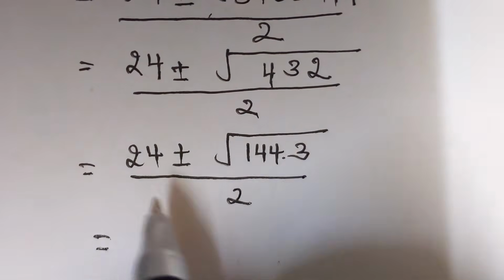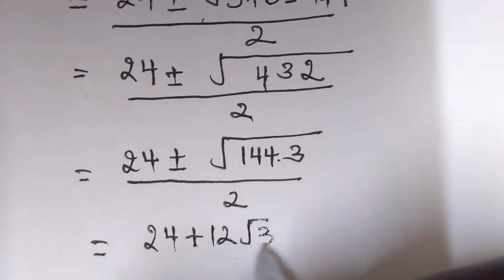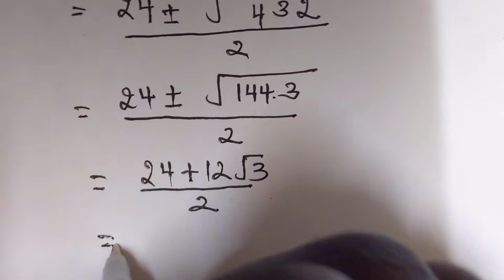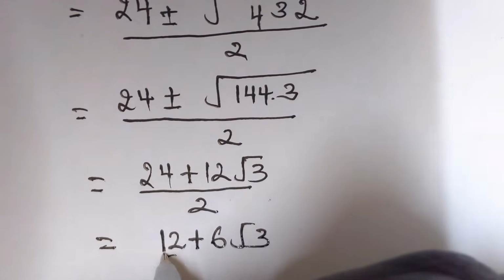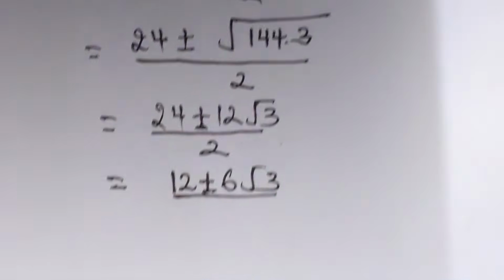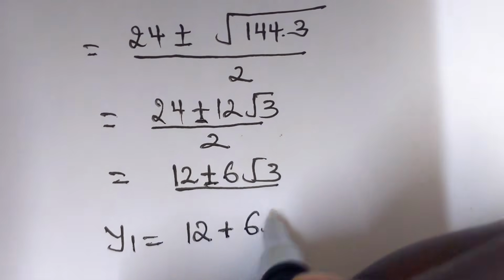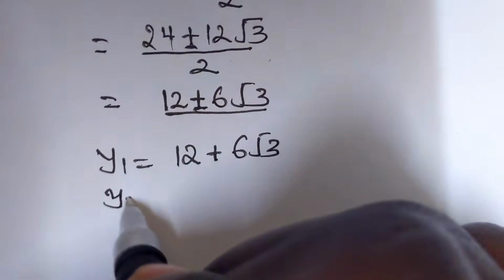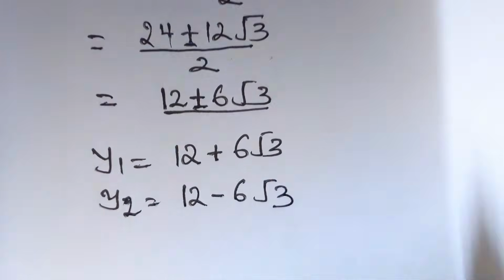This will bring 24 plus or minus the square root of 144, that is 12, square root of 3, over 2. We shall write this as 12 plus or minus 6 square root of 3 as the final solution. It is not plus only, so y1 equals 12 plus 6 square root of 3, whereas y2 is equal to 12 minus 6 square root of 3.